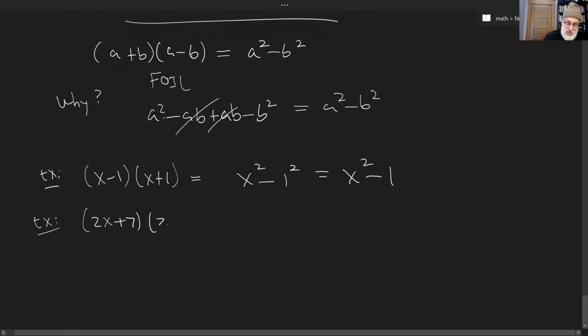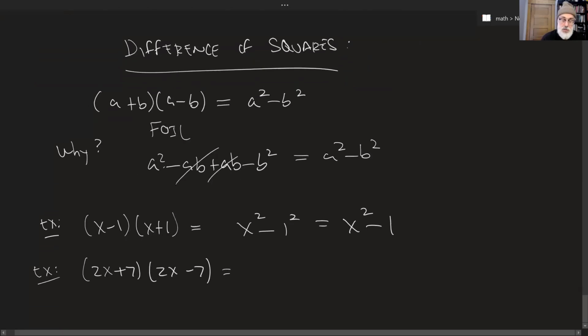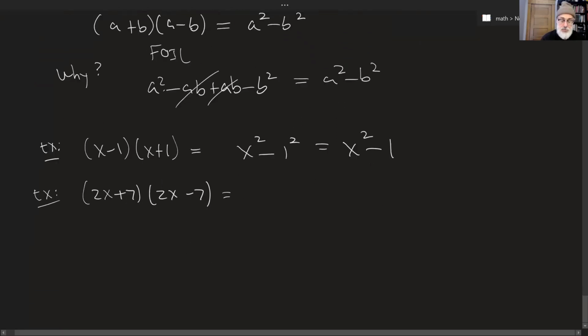How about 2x plus 7, 2x minus 7? Well, I have the difference of squares. So that means I could take the first term, square it, and subtract it from the second term squared. Well, you notice that's minus the quantity of 7 squared, not plus negative 7.